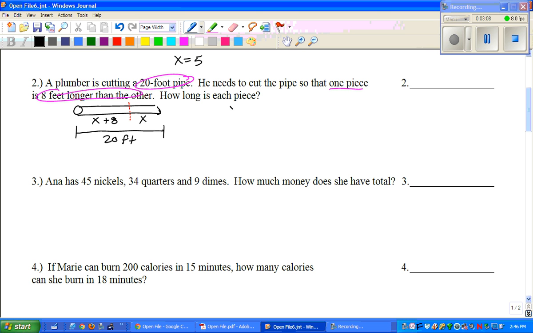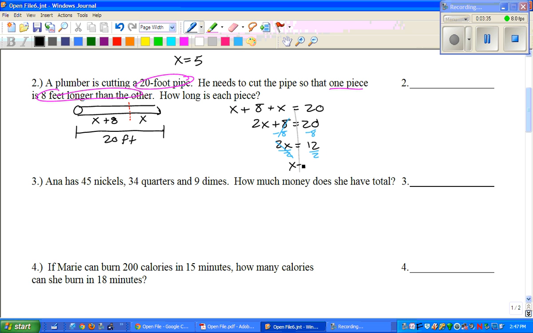Okay, and once we have that, it's the same thing as the other problem. Take our information, set it equal, combine your like terms, and then let's solve. Okay, divide by 2.